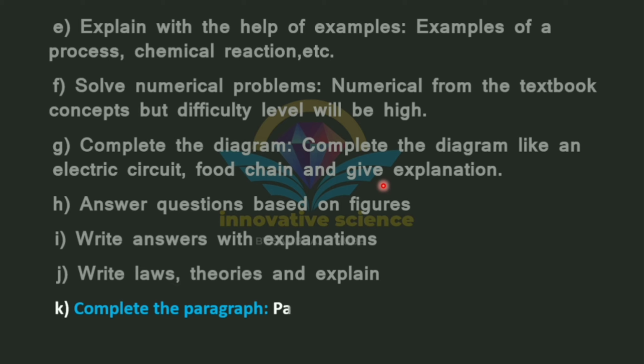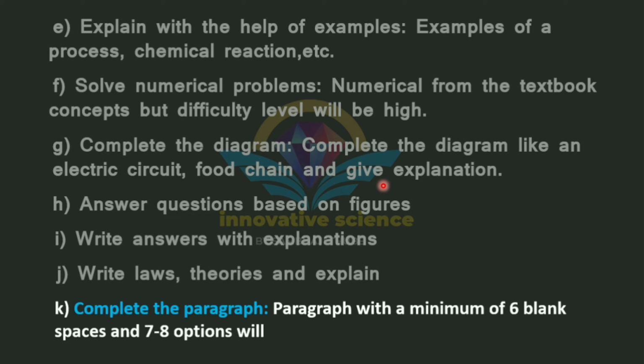The next type of question is complete the paragraph. There will be a paragraph with 6 blank spaces, and 7 to 8 options are given, and we have to fill the 6 blank spaces.